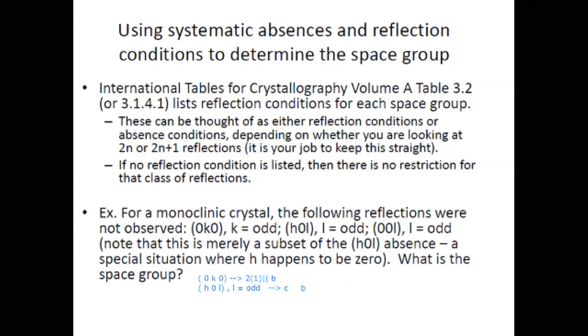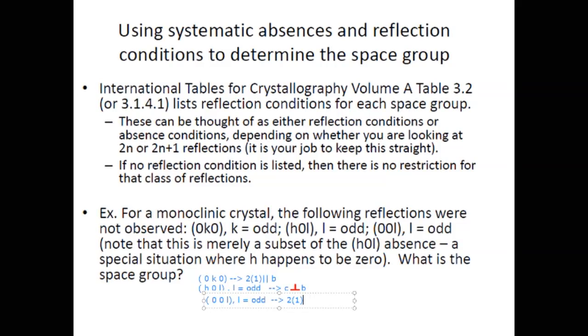Now we look at the 00L where L is odd. This would be a 2 sub 1 parallel to C. But this doesn't make sense because in a monoclinic crystal, the main axis is the B axis.